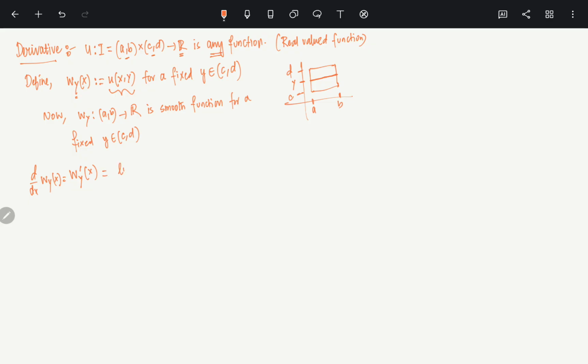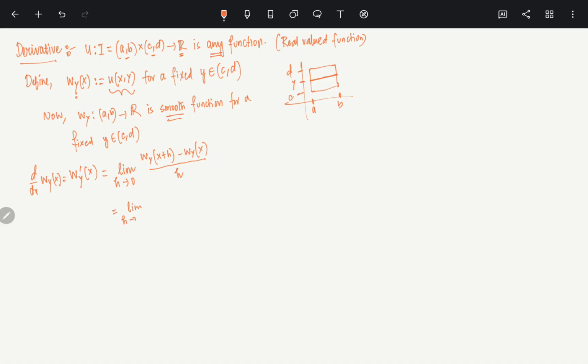It means that we are talking about the limit as h tends to 0 of (w y of x plus h minus w y of x) by h. We can talk about this. Of course the limit exists in this case, since we are assuming it is a smooth function. You do not have to assume it, but for now let's just assume it, just to understand what's going on.